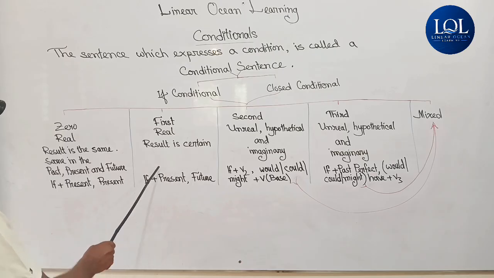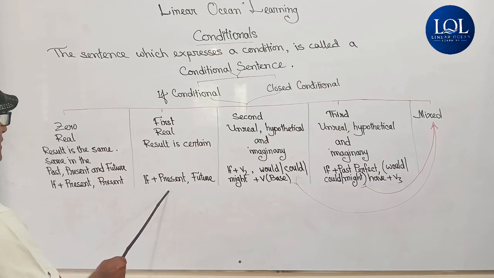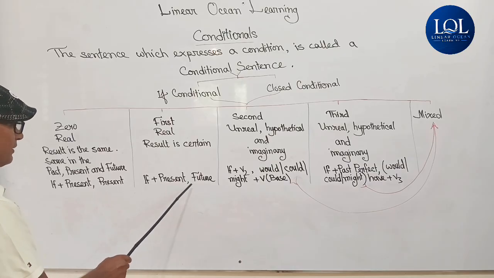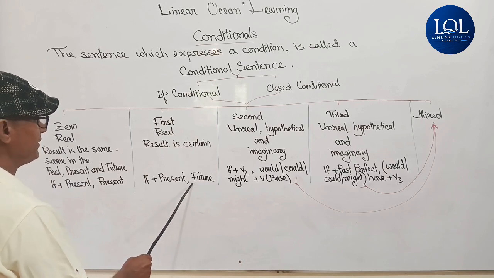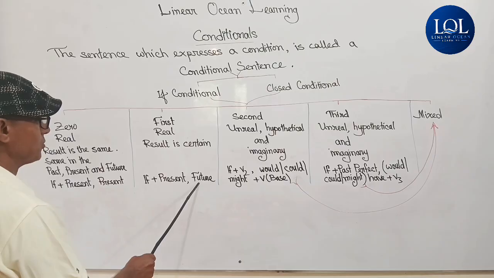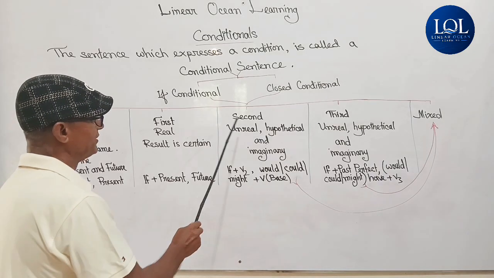If plus present, present means it can be of any type of present tense. It can be present indefinite, continuous, perfect, and perfect continuous. Then result is certain, that means there will be some result, and the principal clause will be in future tense, future indefinite.